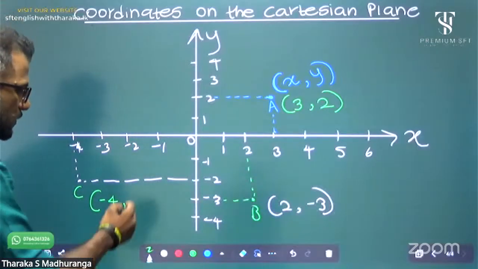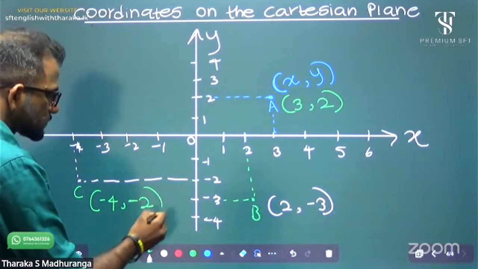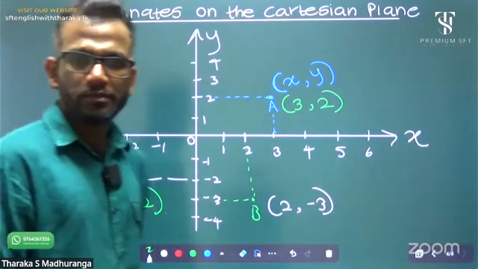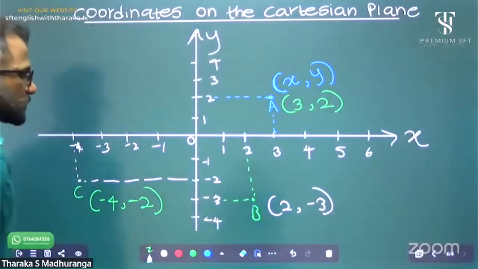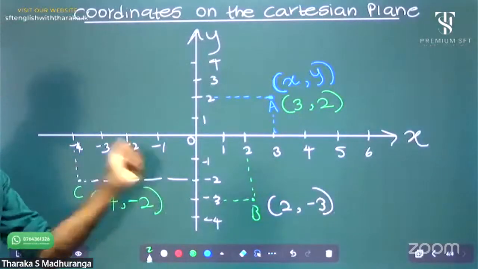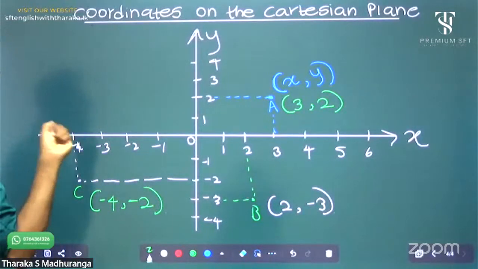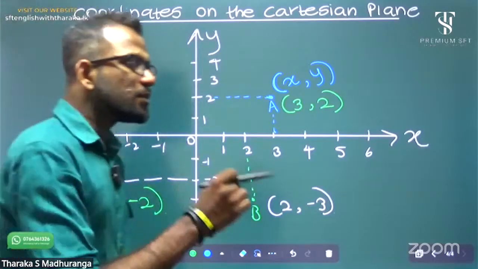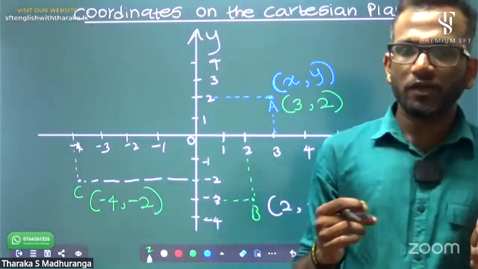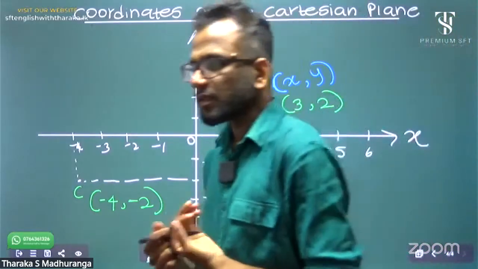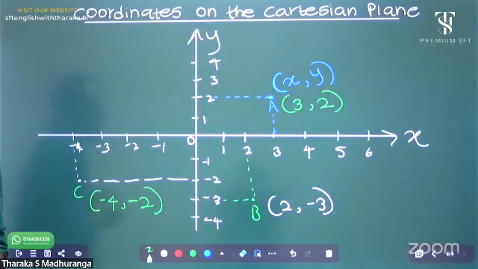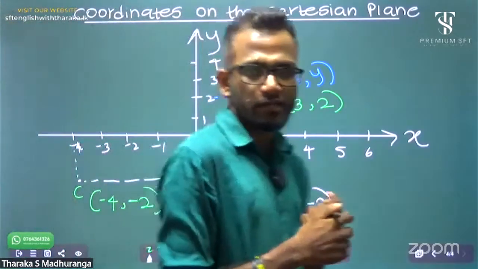Yes, correct: -4, -2. X value, comma, y value. That's the method to write coordinates for any point on the Cartesian plane.